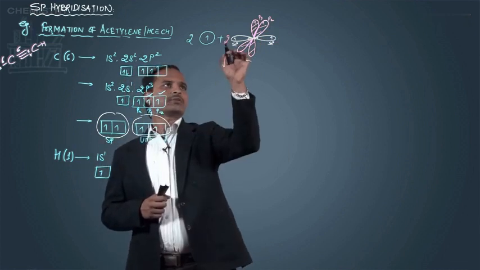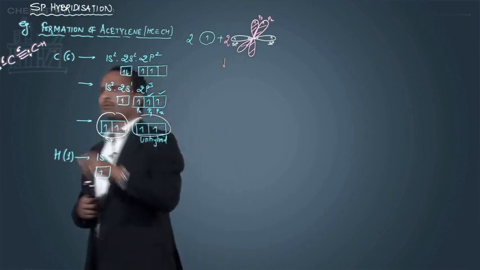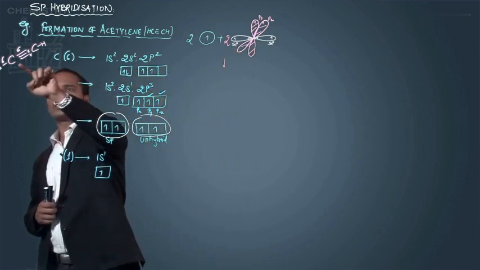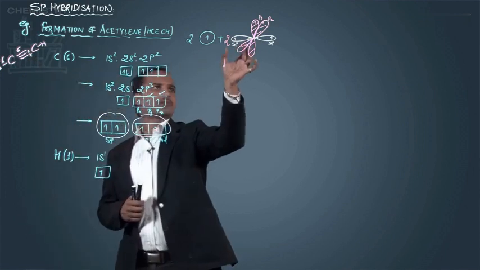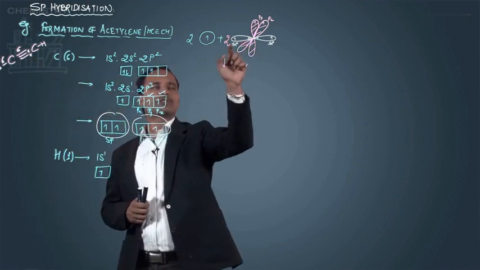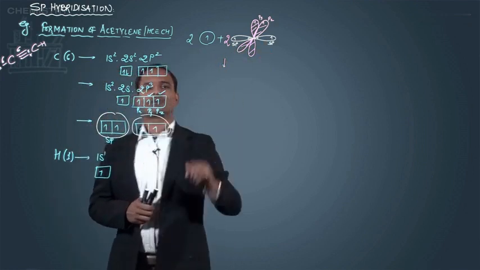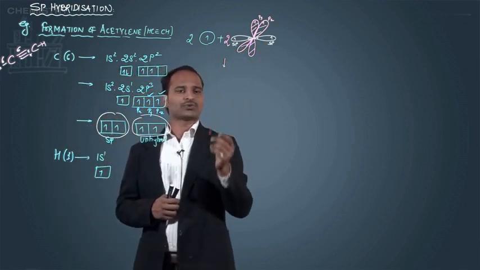Two carbon atoms are getting closer. These sp orbitals will form only sigma bonds. Where is the sigma bond forming? Between the 2 carbon atoms. So the first carbon's orbital will overlap with the same orbital of the second carbon, and the remaining sp orbital of each carbon will overlap with a hydrogen, because there are 2 hydrogens.